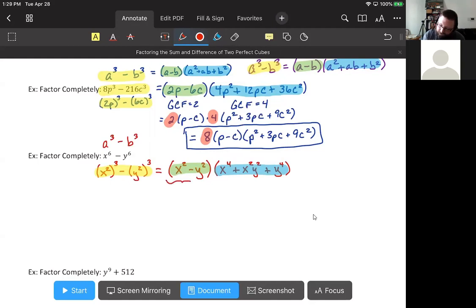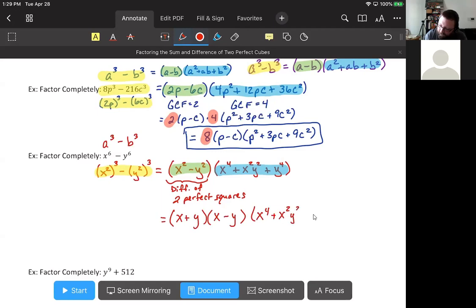But this factors again because that is the difference of two perfect squares. So that would factor one more time into two binomials, x plus y and x minus y.